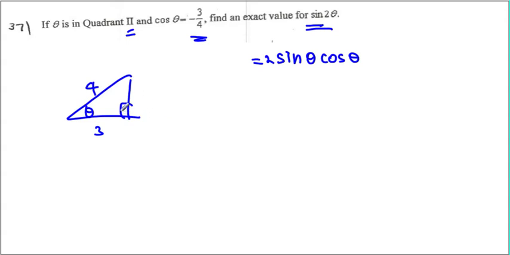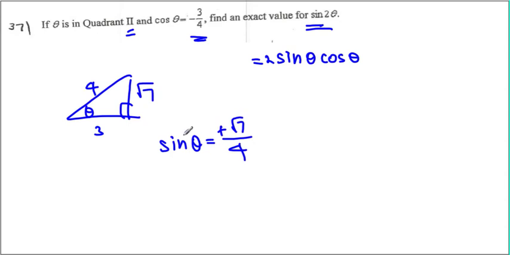Then this side becomes square root of 7. You can use the Pythagorean theorem to verify this one. Then here, what is sine theta? Has to be equal to negative radical 7 over 4. No, I mean positive, because it's on the second quadrant.